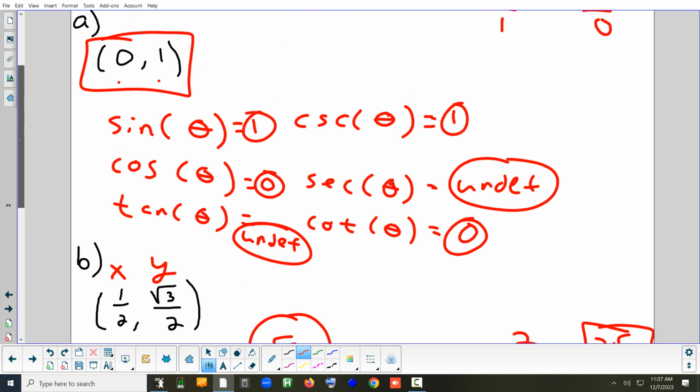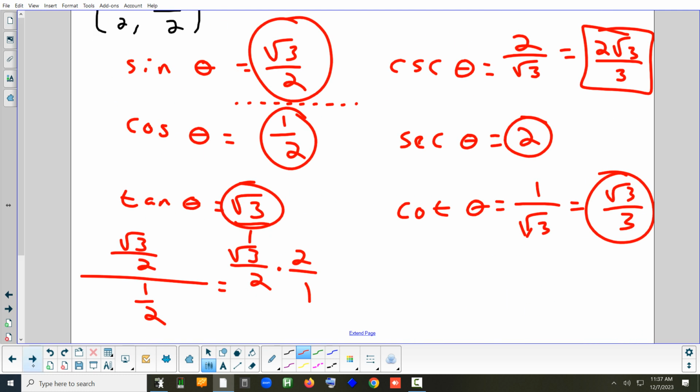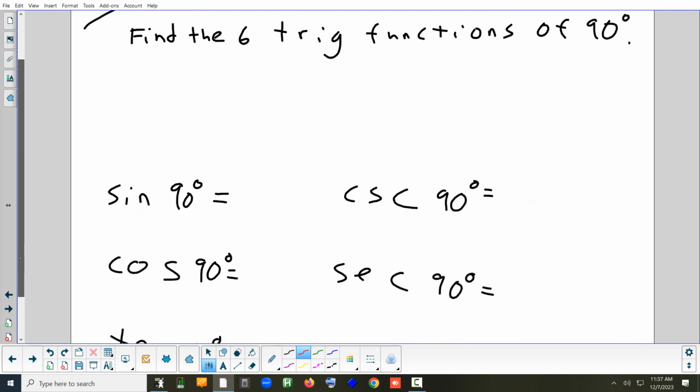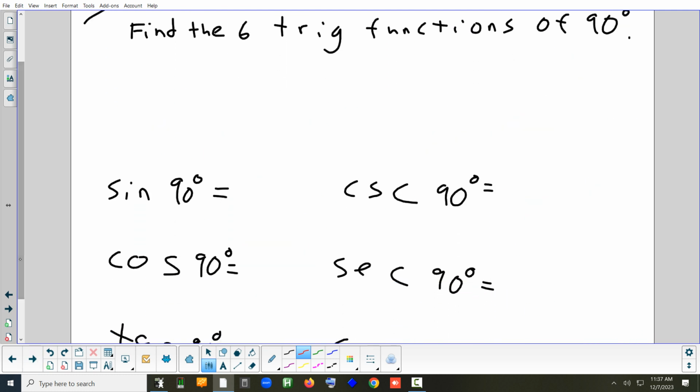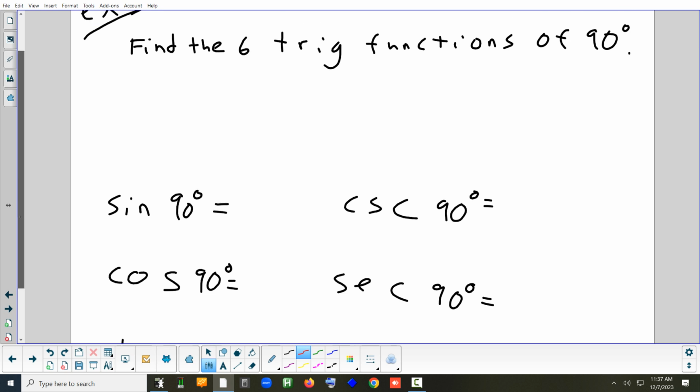Okay, so both of those, they gave you the coordinate. Now let's try this one. Find the 6 trig functions of 90. What's different about this question than the last one? They don't give you the coordinate. Well, that's the whole key to doing unit circle trig. You need the location, so now you have to figure that out first.